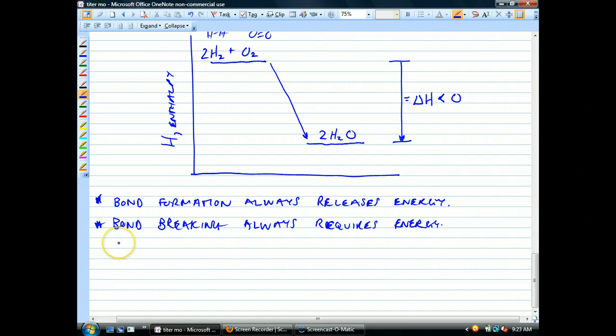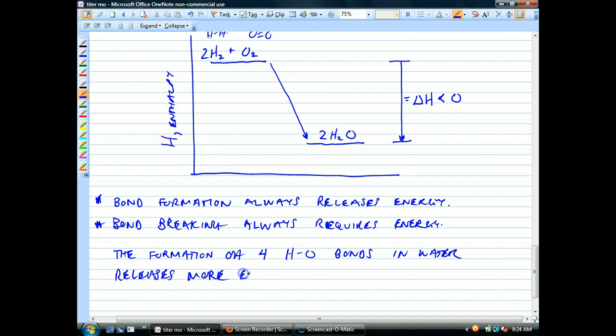And so what we're saying then in the case of the formation of water is the formation of the H2O bonds, there's going to be 4 of them, 4 hydrogen to oxygen bonds in water, releases more energy than is required to break these.